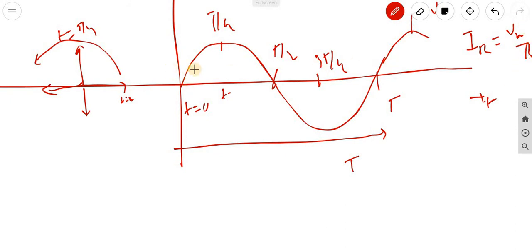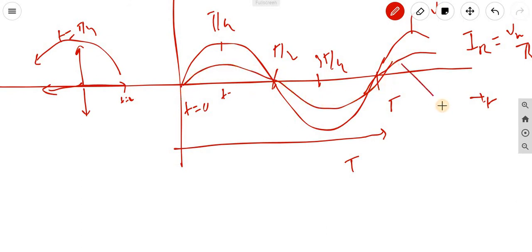Obviously, the instantaneous form of the current through this would be like this. So this is the instantaneous form.